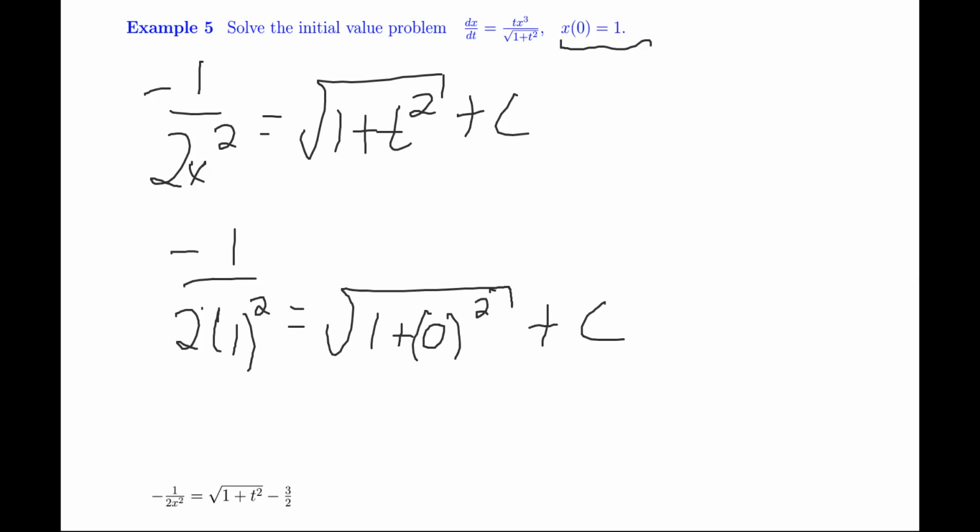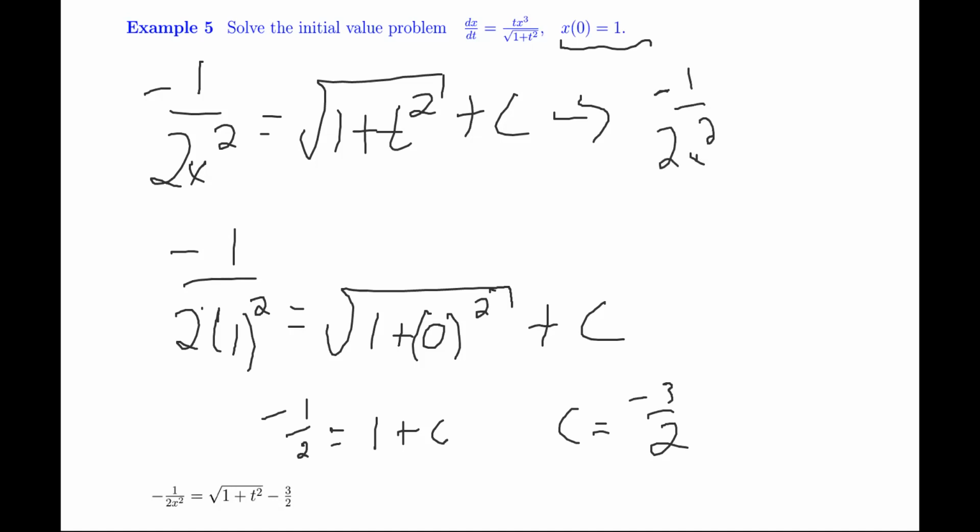So we get negative 1/2 is equal to 1 plus c. So c here is negative 3/2. If we combine all of that, that tells us that our solution should be negative 1 over 2x squared is equal to the square root of 1 plus t squared minus 3/2, since c was negative 3/2.